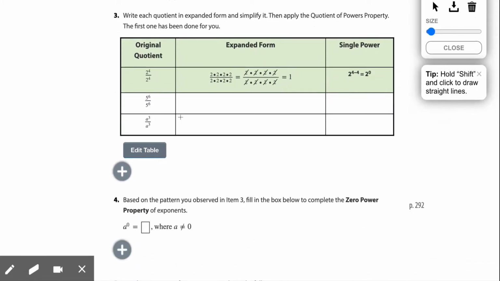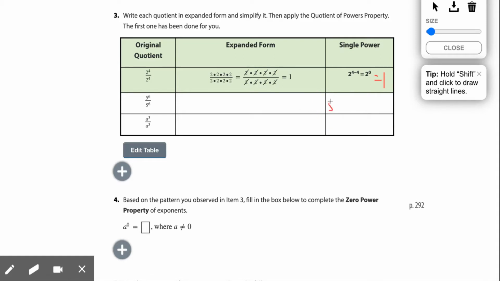So let's look at these. 2 to the 4th power divided by 2 to the 4th power. Well, 4 2's divided by 4 2's is 1. 4 minus 4, uses the quotient property. 4 minus 4, 0. 1. Anything to the 0 power is 1. And this is just showing you why that works out. 5 to the 6th power divided by 5 to the 6th power.